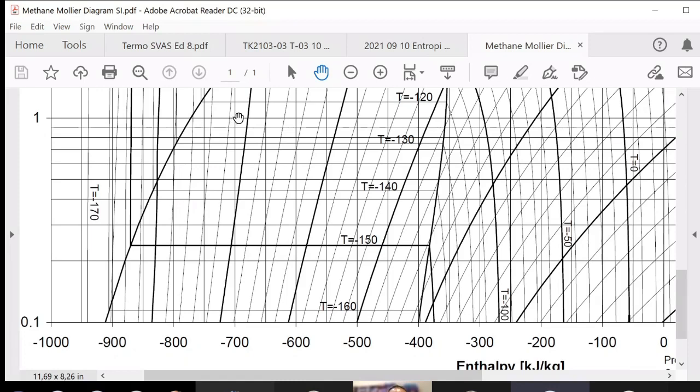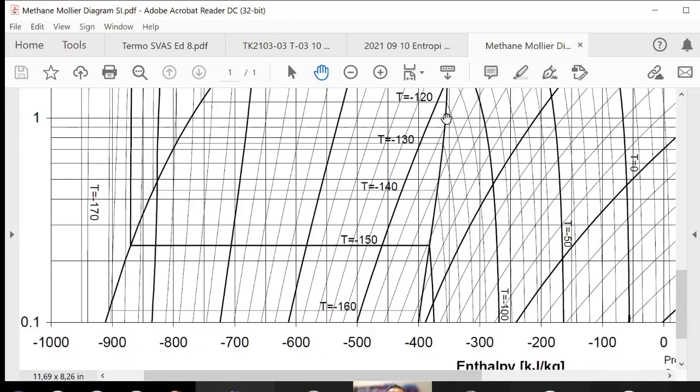Liquid, sir? Liquid, yeah, because it is closer to the liquid. Over here it is 100% liquid. At 700, what is the percentage of the liquid? That is the question. How to calculate that? It is easy. I will measure from the extreme point on the right hand side.